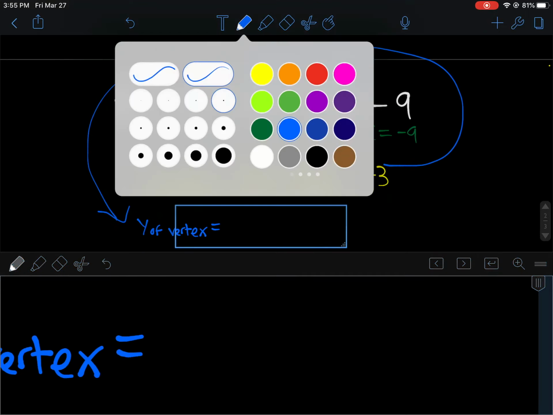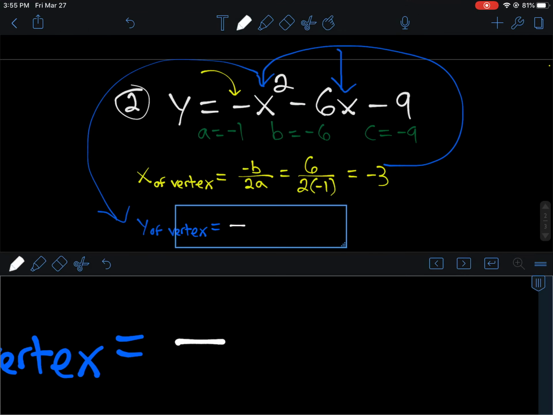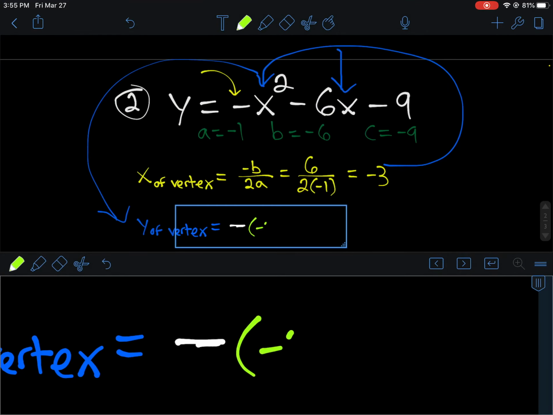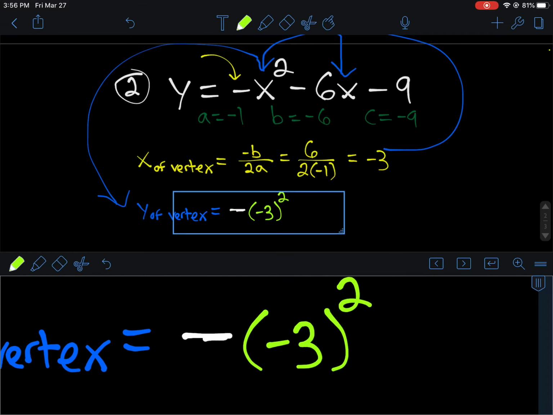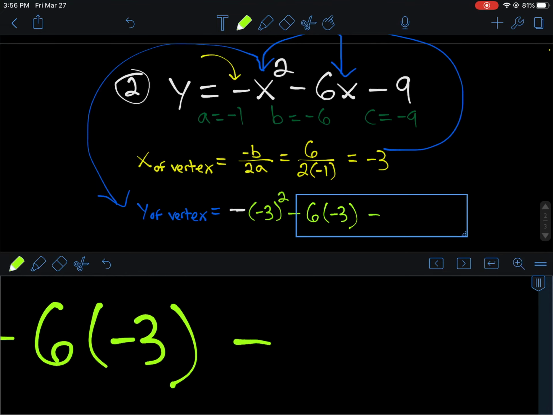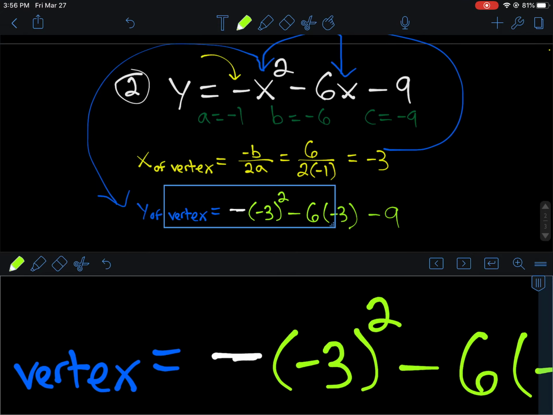My y of the vertex, I have to write that negative that's in front first. And then I plug in my negative 3. So if you look there, there's a negative and then parenthesis, negative 3 squared. Minus 6, and then I'm plugging in negative 3 yet again, and then minus 9. So I have to plug it in twice. Again, be aware of this negative that's in front.